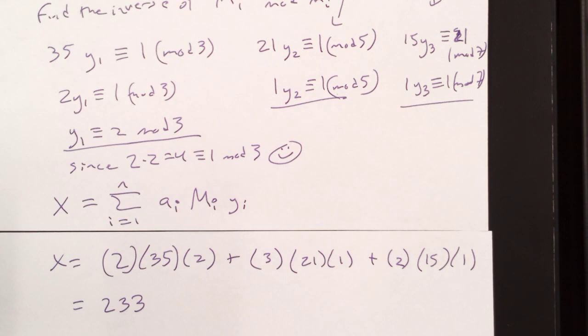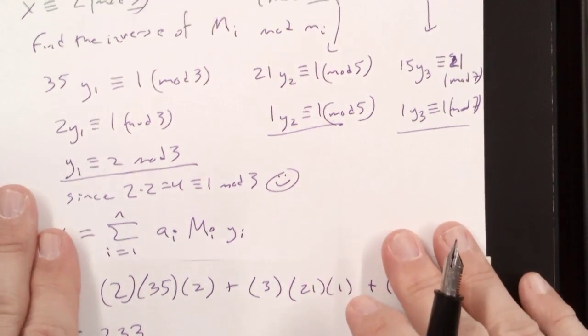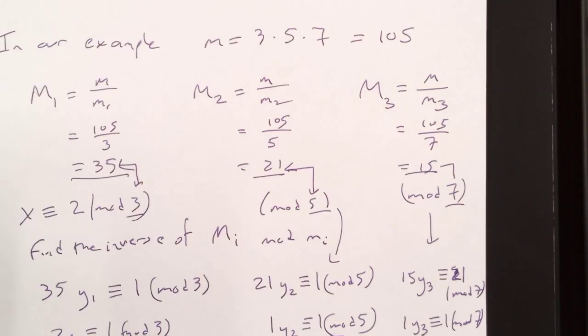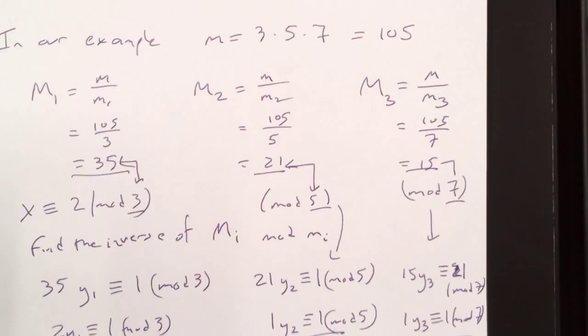Remember, we are working in a modulus. There is a unique solution mod little m. What was little m for our problem? There it is. 105.